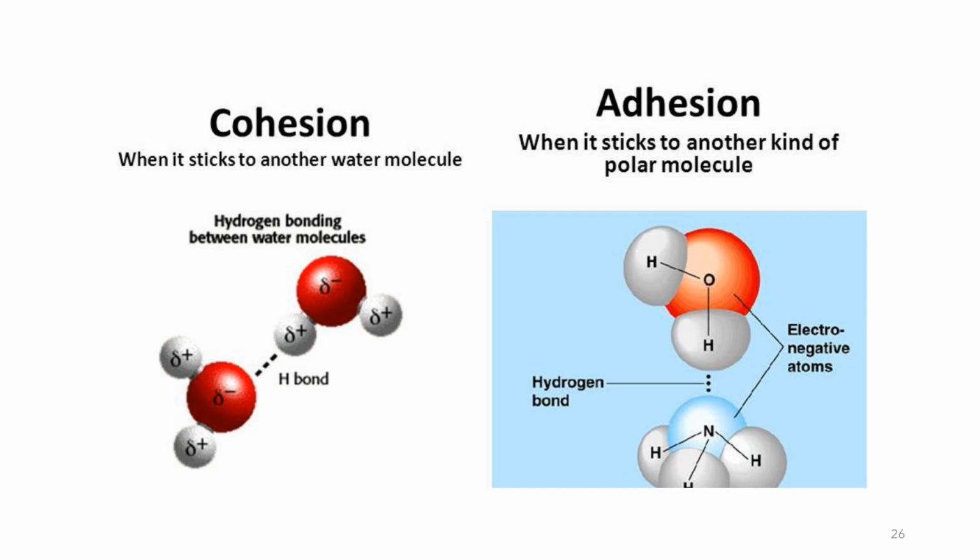So here is the example of cohesion, water hydrogen bonding to water because of the slightly negative oxygen wanting to be attracted to the slightly positive hydrogen of a different water molecule. And adhesion is when it sticks to some other kind of polar or charged molecule. So in this case, we have the nitrogen that's going to be the electron hog, so it is slightly negative, and the hydrogens here are slightly positive, just like the hydrogen is slightly positive on this water.